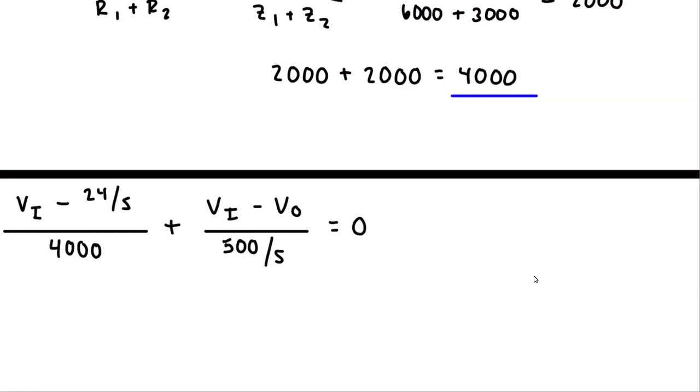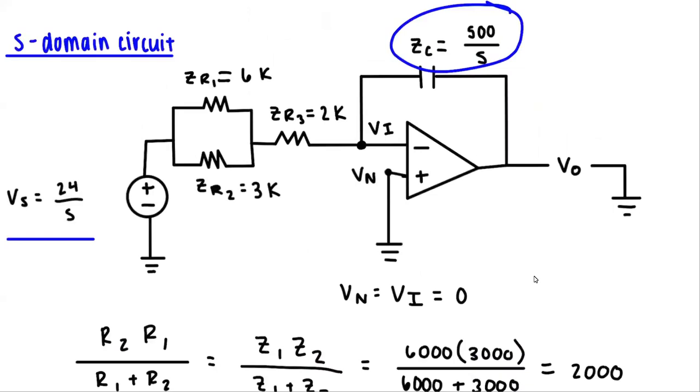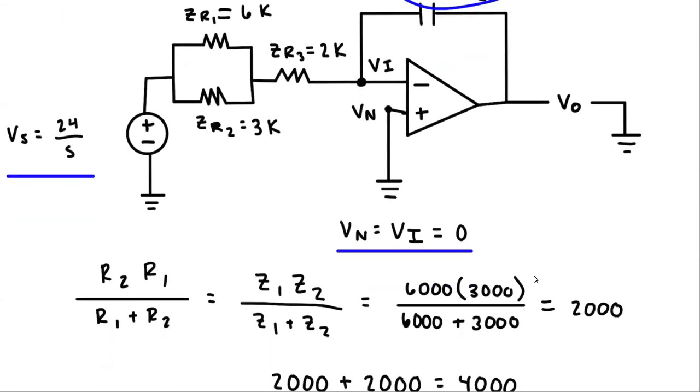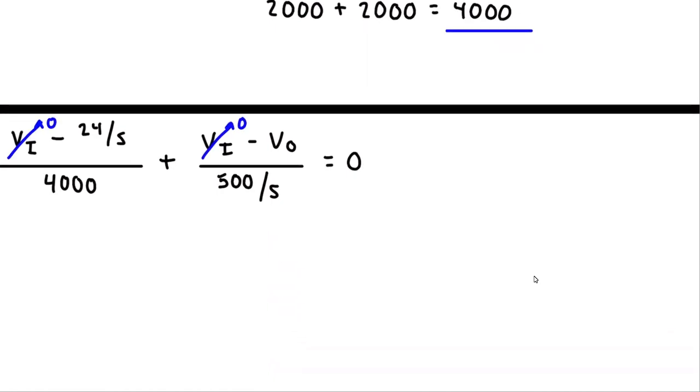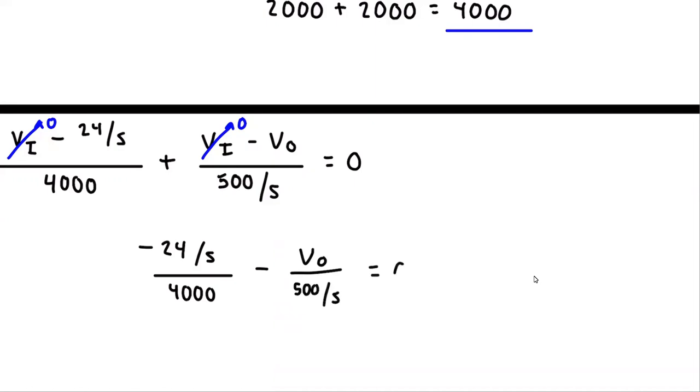So using the observation that we found above, that Vn is equal to Vi, which is equal to 0, we can go ahead and cross out Vi in our calculation, as we know it is equal to 0. And this further simplifies our equation down to negative 24 over S over 4,000, minus Vout over 500 over S. This is all still equal to 0.